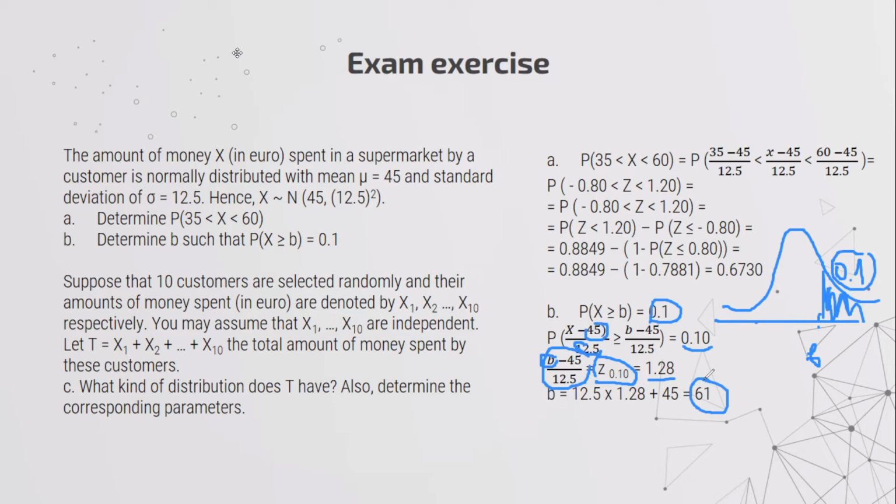Yes. If we are given that the area here is 0.1, right? And we're given the area, but we need to know the number that is here below. So we just have to make the standardization the same way, but this time we are given the right hand side in order to find the left hand side. Here we plug in our mean, which is 45, and the standard deviation that is 12.5.